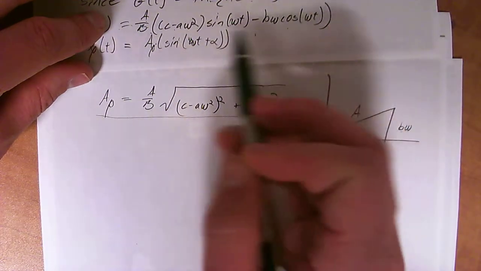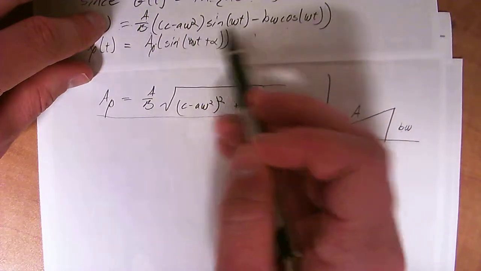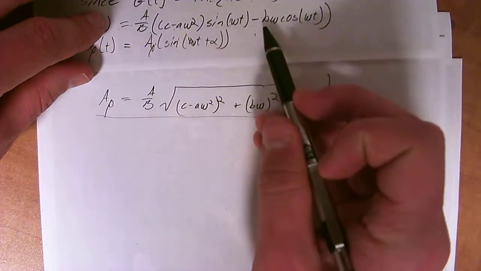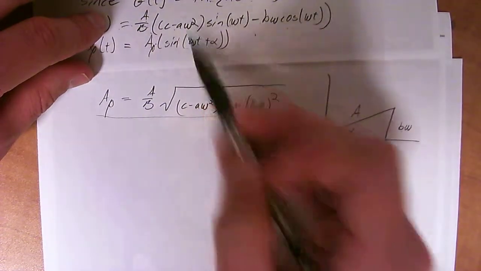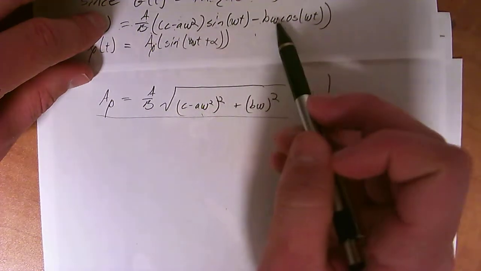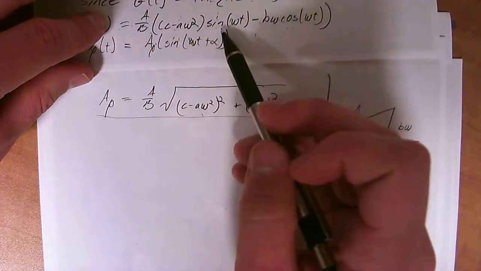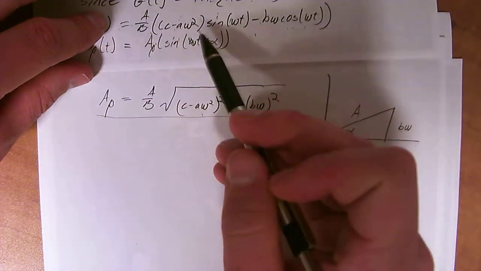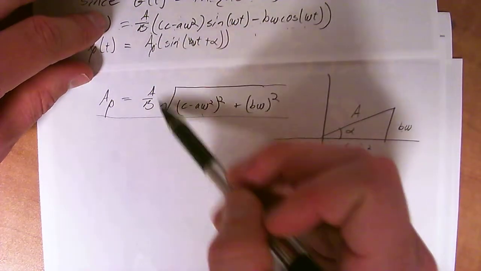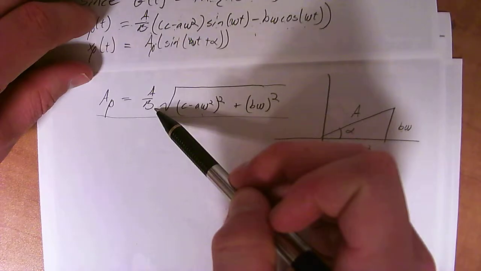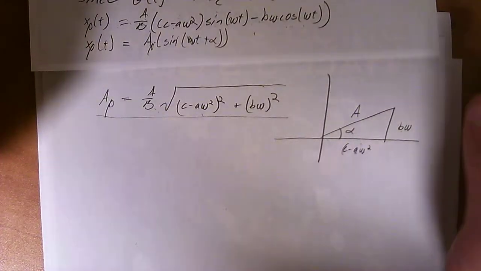This is basically a trig identity of sine minus cosine. So you can pull out this value right here, square it, pull out this value right here, square it. These are the two sides of the triangle. When you're multiplying by sine and omega sine, you get the hypotenuse. And then you have this coefficient out in front, which is where this comes from. So that's a couple, 3 different ways of looking at it.